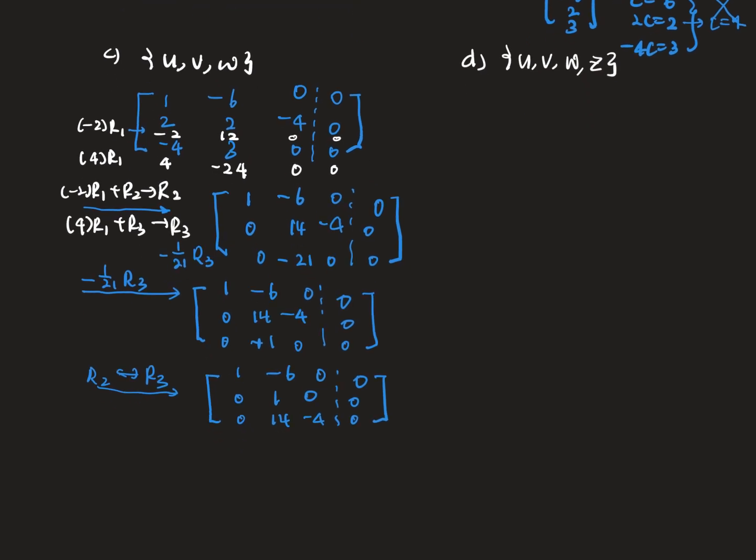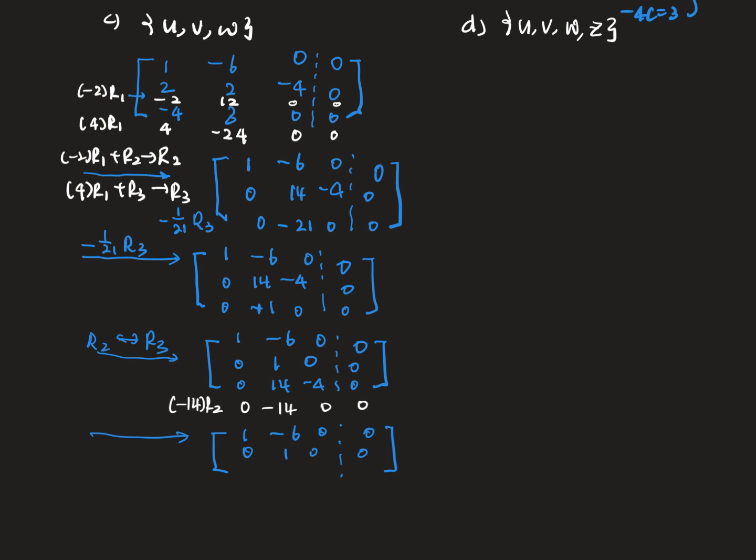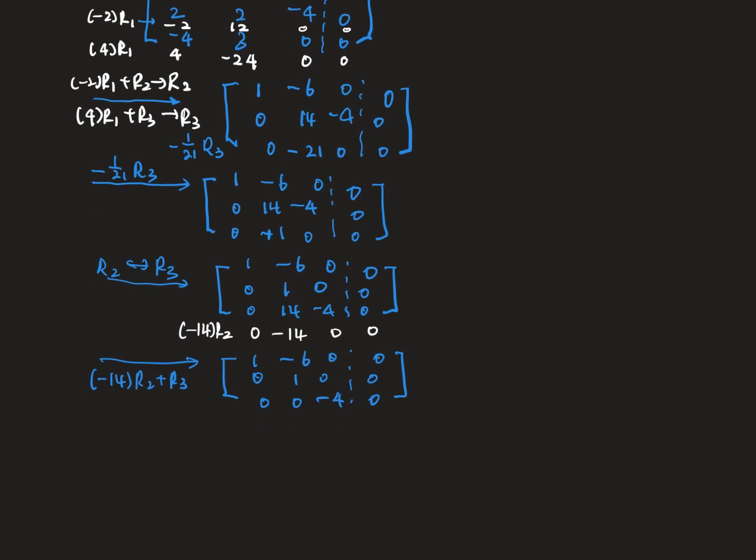Pivot on this 1 and eliminate the 14 with negative 14R2 plus R3, giving 0, 0, negative 4, 0. Then negative 1 fourth R3 goes to R3, so we have 1, negative 6, 0, 0; 0, 1, 0, 0; 0, 0, 1, 0.